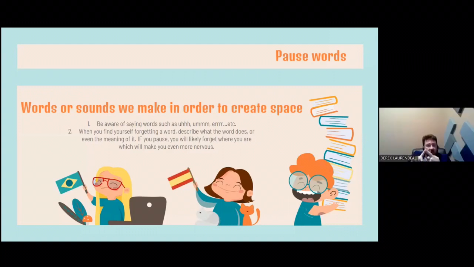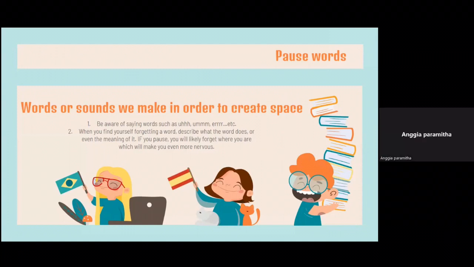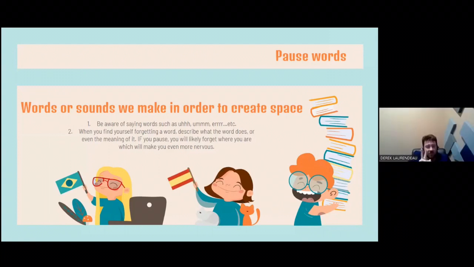One, it keeps your audience engaged, because as soon as you lose your train of thought and start umming, it's really easy for the audience to get distracted as well. And two, it helps you not lose your place when you're speaking.